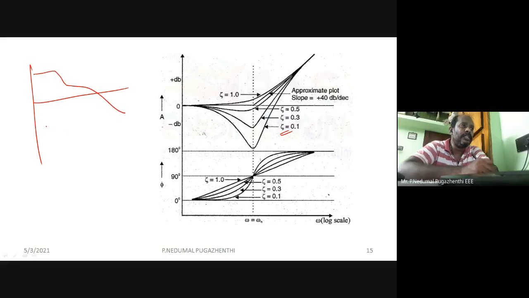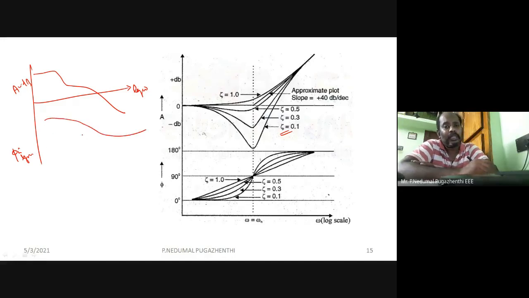This is your magnitude plot between log omega and A in decibels. And if you choose the angle phi in degrees and plot it, you may have another smooth curve. If you take a lot of omegas, then you will get a smooth curve.